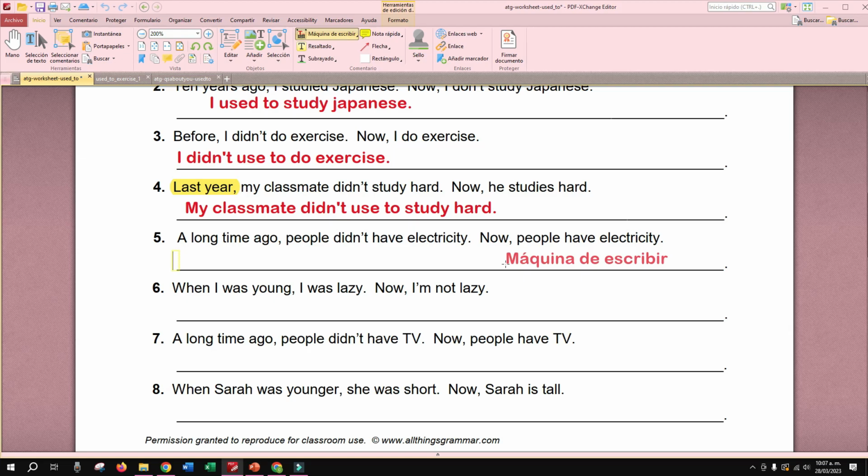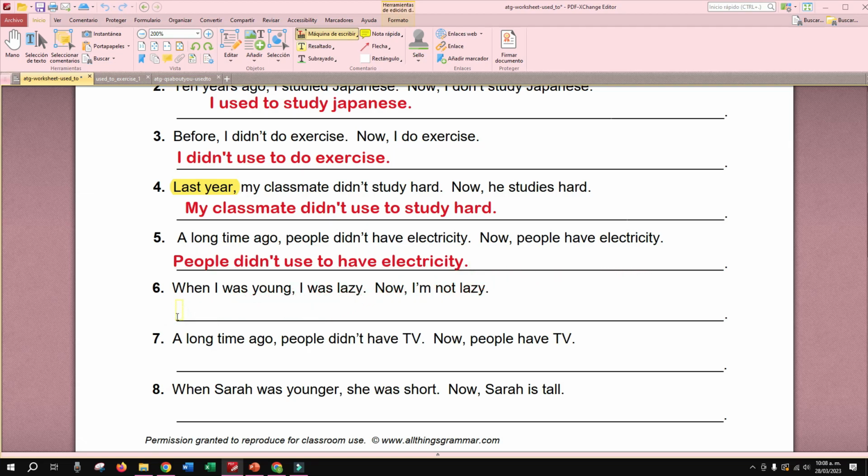People didn't, yes. Used to, right? Used to have electricity. Okay, people didn't used to have electricity. That's great.